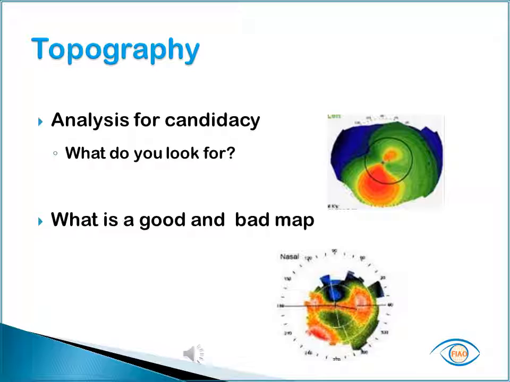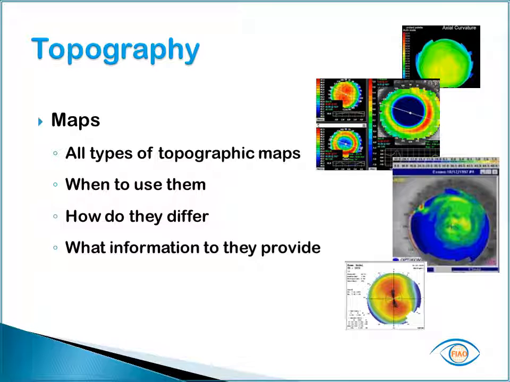And then, of course, you need to know all about the topographic maps because they're super important to this exam. All the different types that are there, when you would use them, what map you might choose, axial, tangential, subtractive, for the different situations, and that's just not for pretreatment, that's of course for the outcomes as well.